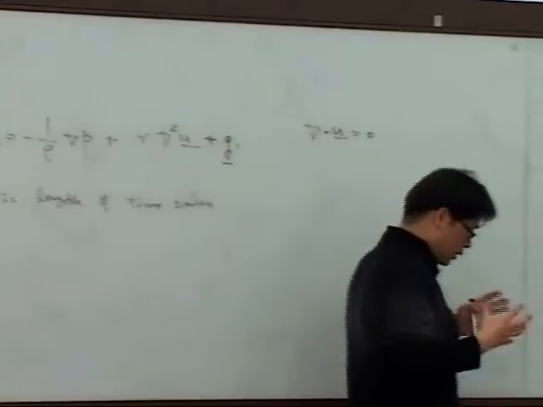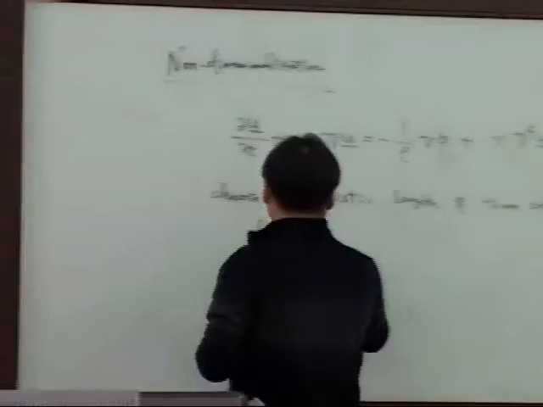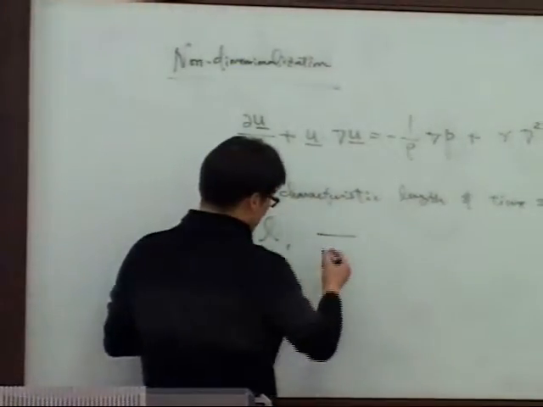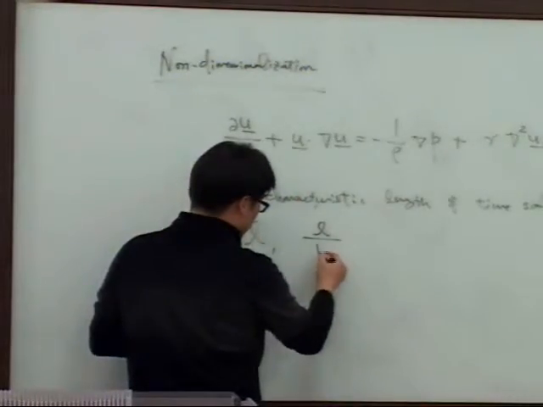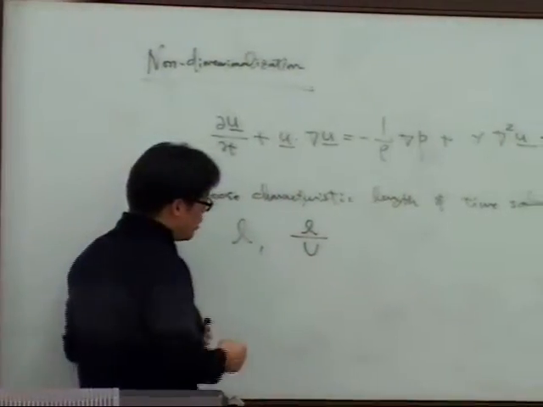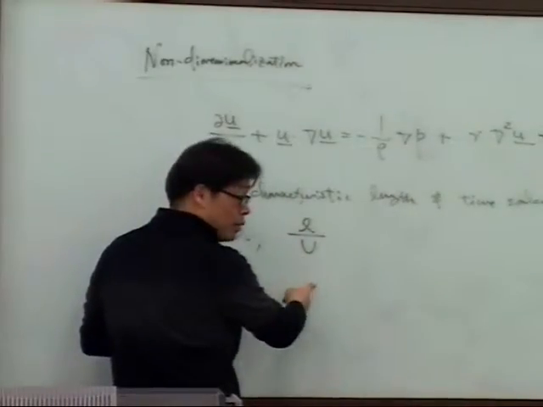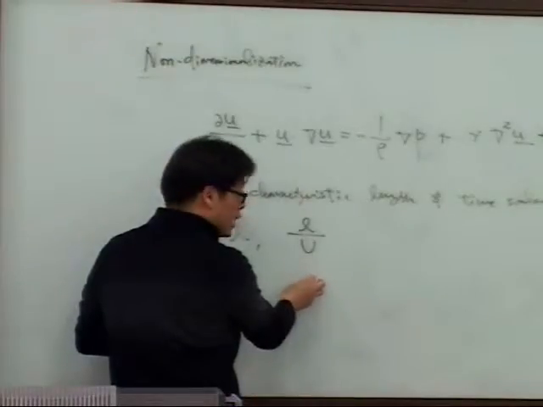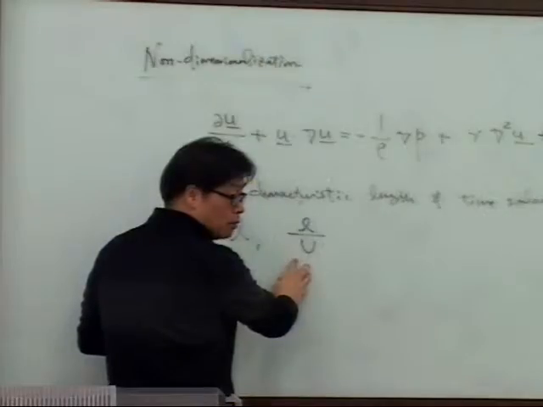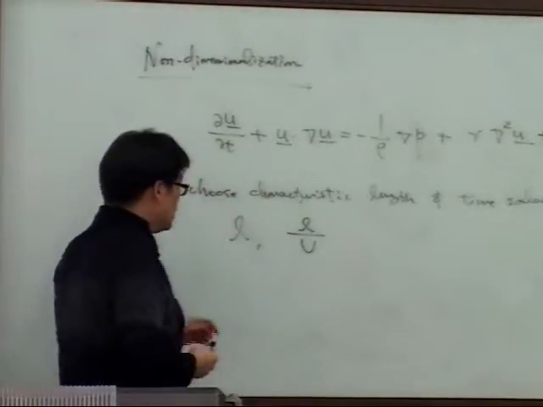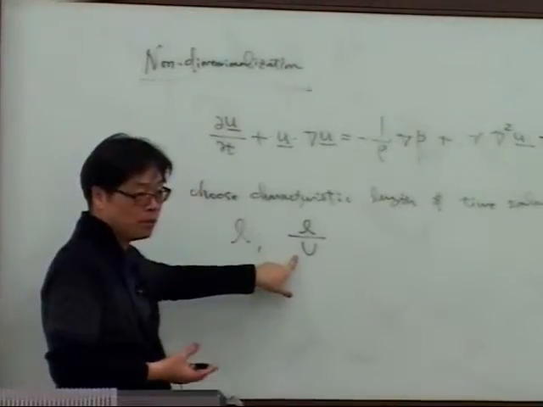For the same problem, a dimension of time can be obtained when we divide L by U, because L has a dimension of length, and U is length divided by time. So I have time in the denominator, and at the end, this has a dimension of time. So this is my characteristic length, and this is my characteristic time for the problem.